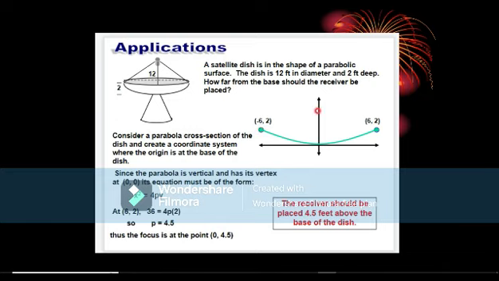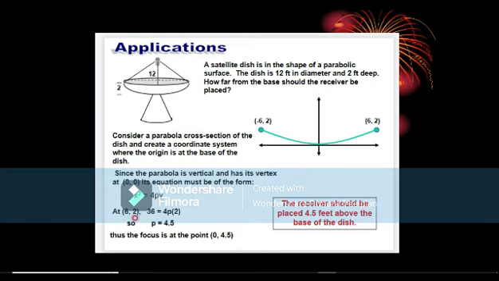So automatically you will have the endpoints of the latus rectum, or focal diameter, at negative 6, 2 and 6, 2. Since the parabola is vertical, the axis of symmetry is vertical, and its vertex is at the origin 0, 0, so its equation must be of the form x squared is equal to 4py.